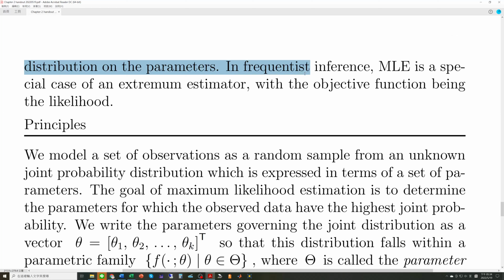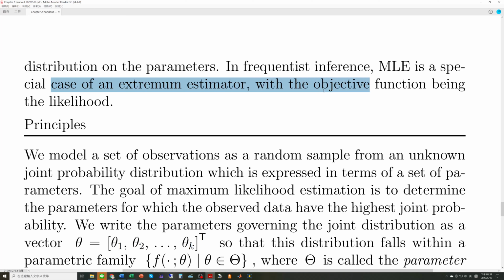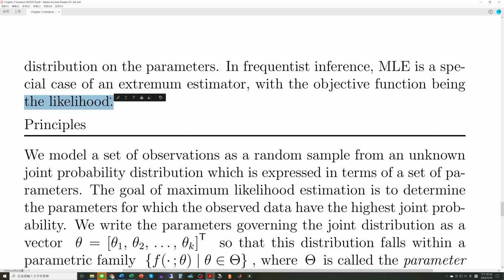In frequentist inference, MLE is a special case of an extremum estimator with the objective function being the likelihood.